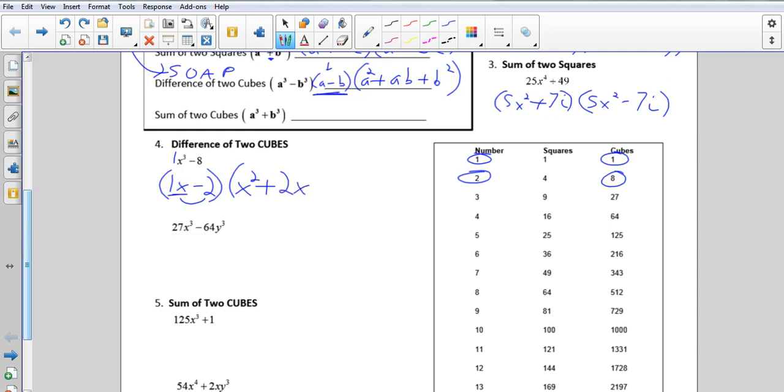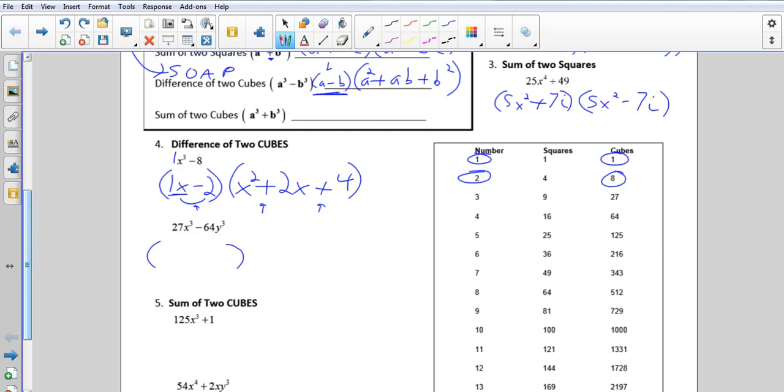And then we're going to square the last term. So here we have same, opposite, always positive. So that's factored.